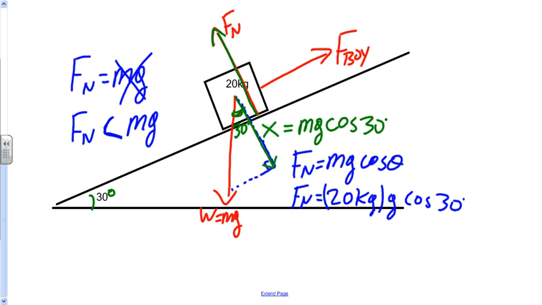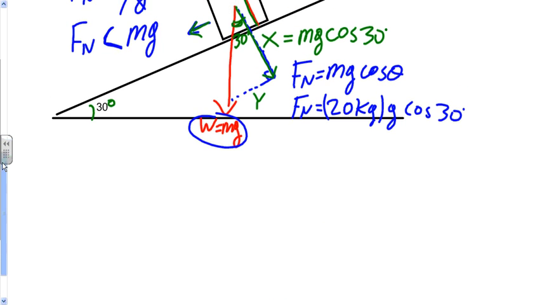Now what I want to go ahead and do is calculate the component of the object's weight, so the component of this weight, which is actually sliding it down the incline. Well, you'll notice when I drew that arrow right here, if I were to bring this arrow down this way, you'll notice that it's exactly in the same plane. So it leads me to believe that if I were to find this amount, I'm going to call it y, that would be the amount of the weight that's actually pulling it down the incline.